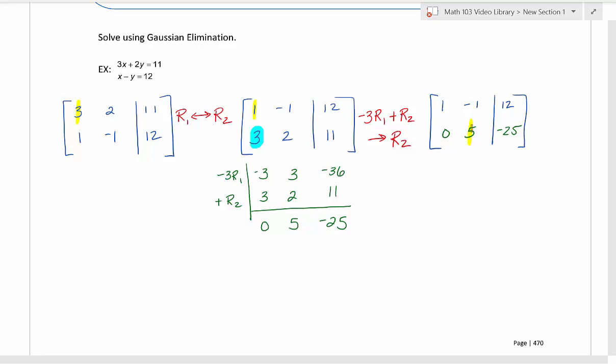That's going to undo all of the work that you did in the previous column. To turn this 5 into a 1, we are going to multiply by 1/5. Our row operation is 1/5 times row 2 to give us a new row 2.